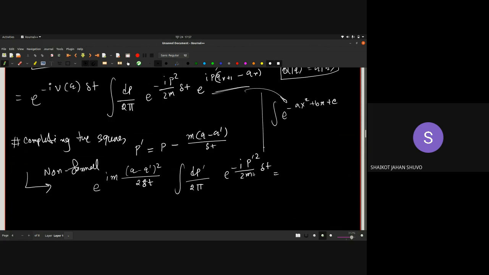So you can write this as e to the power I m (q minus q prime) squared over 2 delta t, and you do this integral and write it as m divided by 2 pi I delta t. You can do that, but it's just not right. We shouldn't do that because these are highly oscillating integrals, so they may diverge as well.